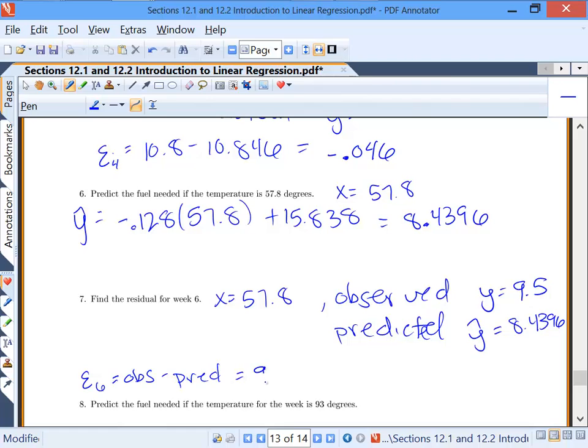So observed is 9.5 minus our 8.4396. So this time our residual, how far we are off, was 1.0604.